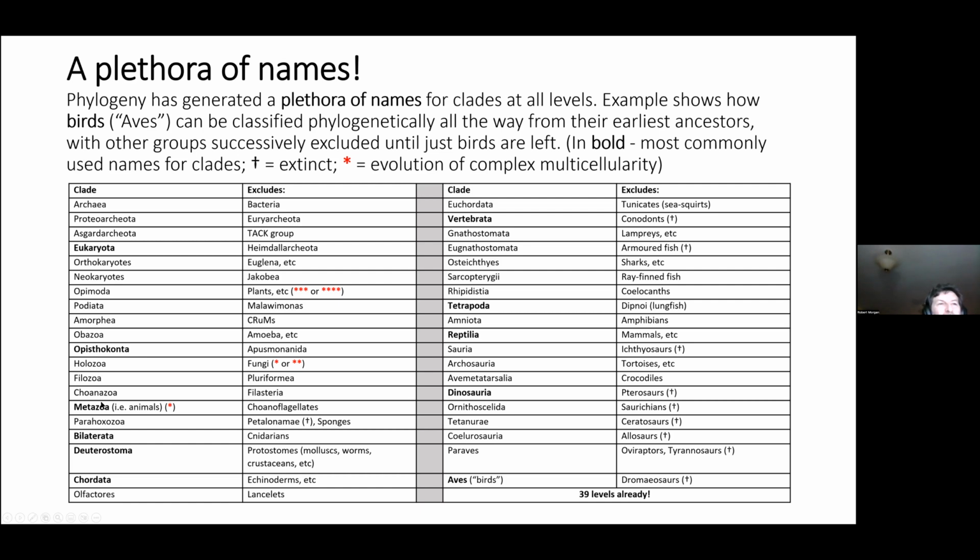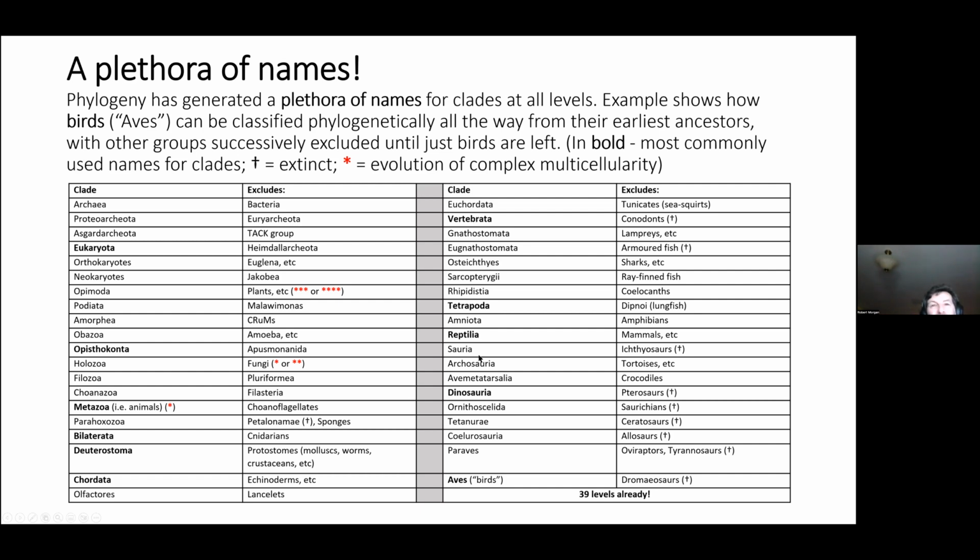And so you can basically devise names, some of which, the ones in bold, are fairly commonly used by biologists. Others are just a preserve of people who specialize in phylogeny, really, and are never used in ordinary science.